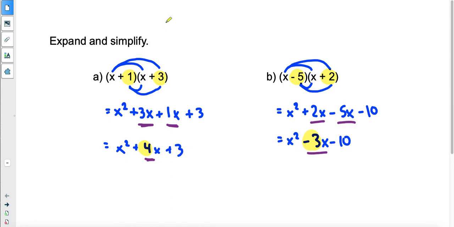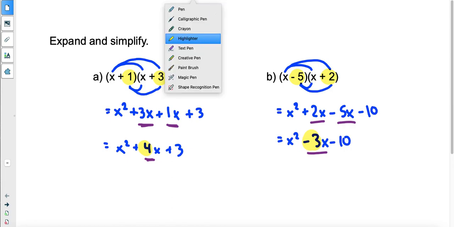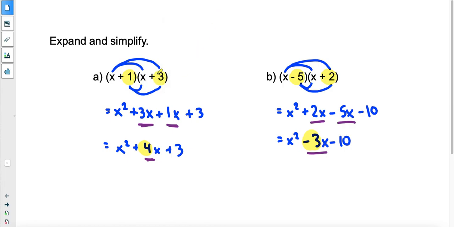Something else you'll notice is my two numbers, like 1 and 3 here, will multiply to give the number by itself at the end. Same thing here. The negative 5 and the positive 2 multiply to give me my negative 10.